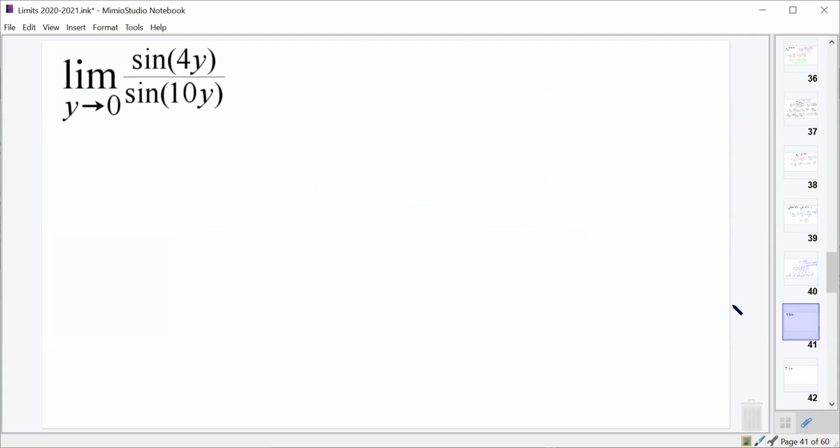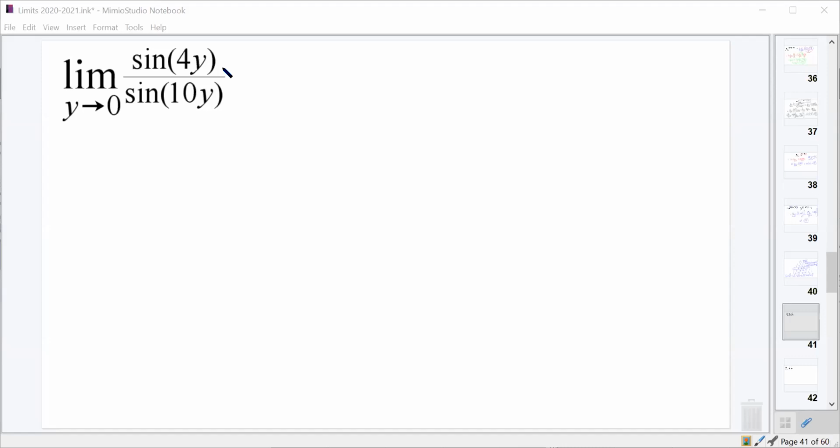So take a look at this one and see if you can figure it out. See if you can come up with an idea here. Any ideas on this one?